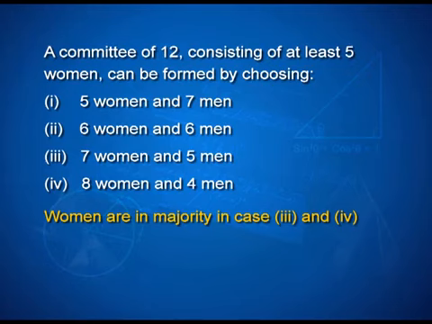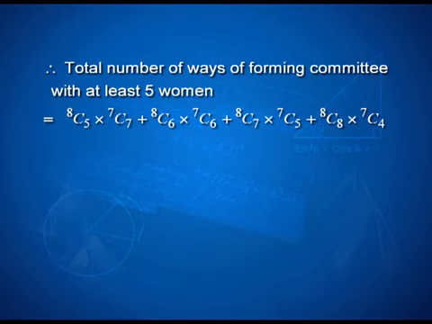So, we are looking at the number of ways I can select 5 women out of 8 available and 7 men out of the 7 men available. Therefore, the total number of ways in which the first case can be done will become 8C5, selecting 5 out of 8, into 7C7. 7 men out of 7 can be selected in 7C7.